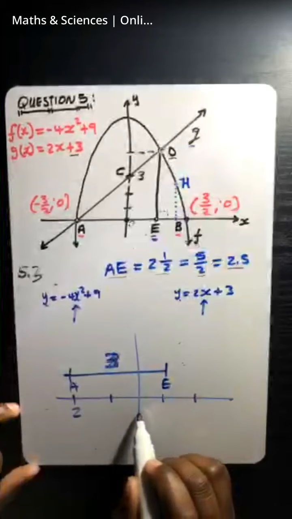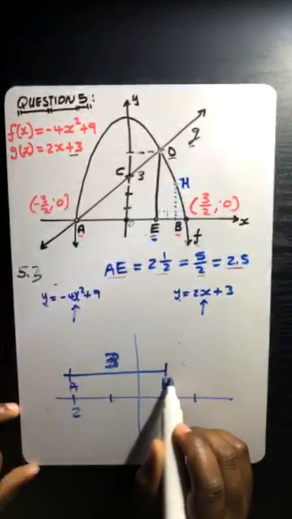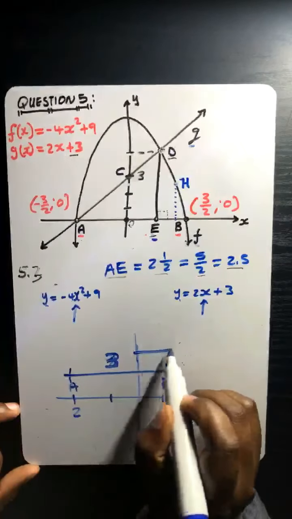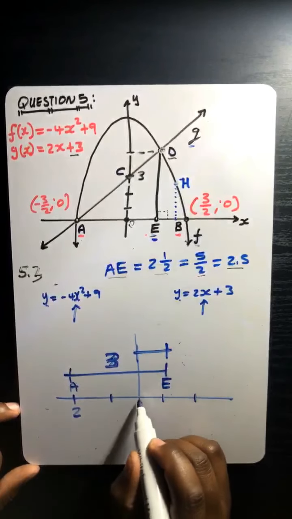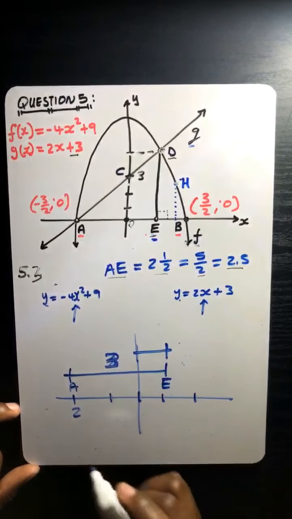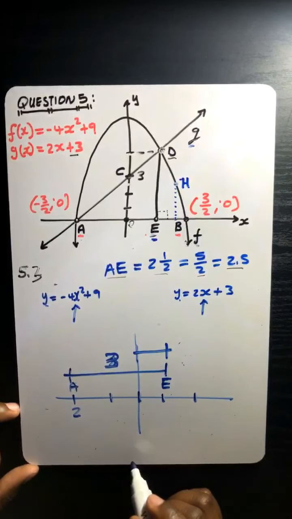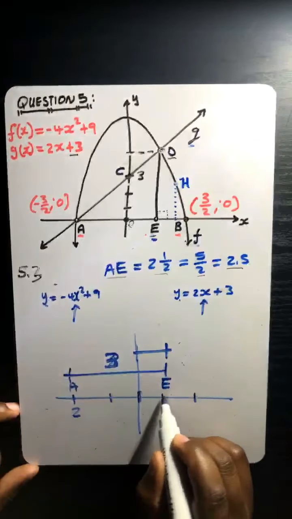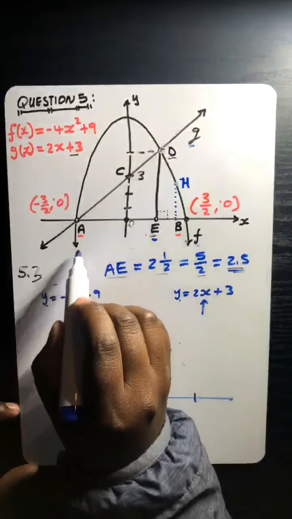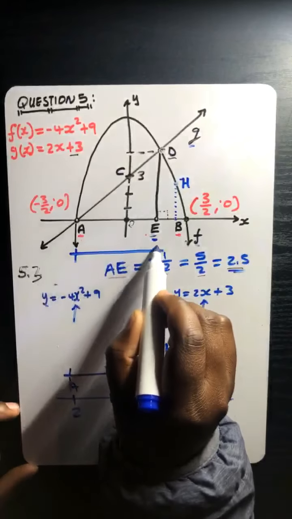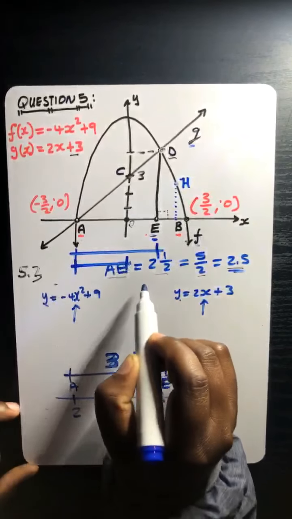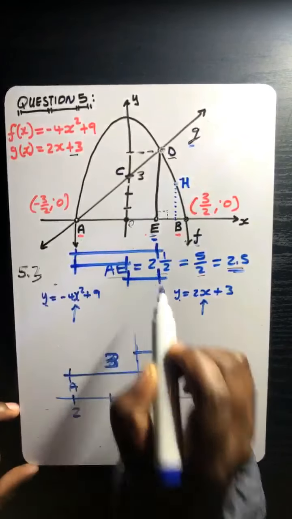So now, what will the x value of E be? It is just that smaller length there. We just need to know what is from the origin to there. So this 2.5 is actually from there to there. Why can't we subtract that length that we know so that we remain with this length?